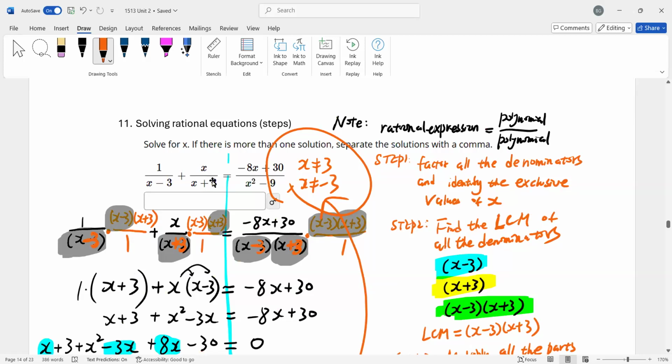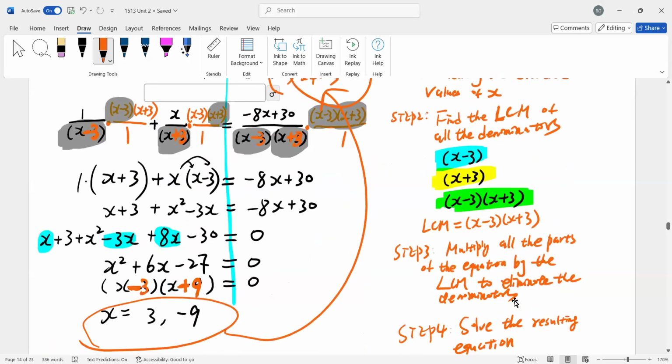The domain is considered as all the possible values for x that make the expression meaningful, well-defined in the equation. And the domain of the equation is all real numbers except 3 and -3. So the domain is restricted because the equation has x in the denominator. So x cannot be a certain value or values. We can understand that as the domain being restricted.